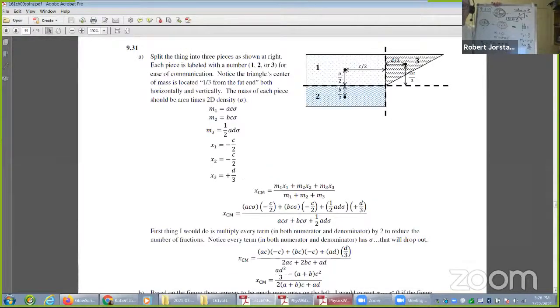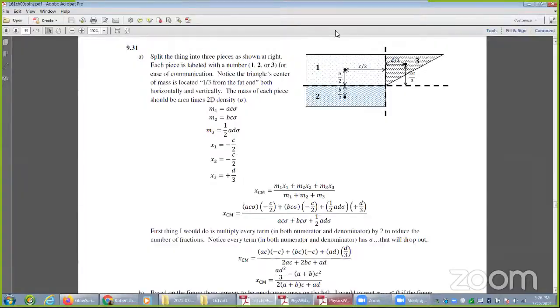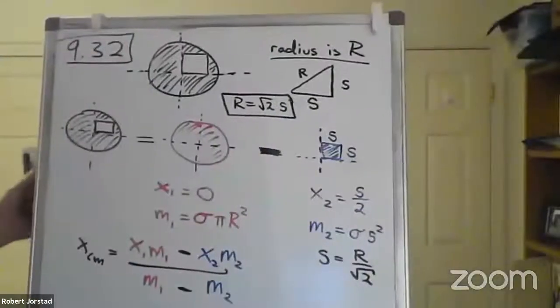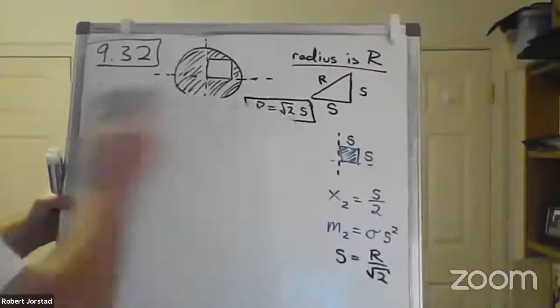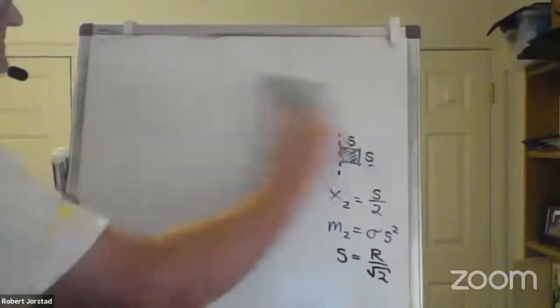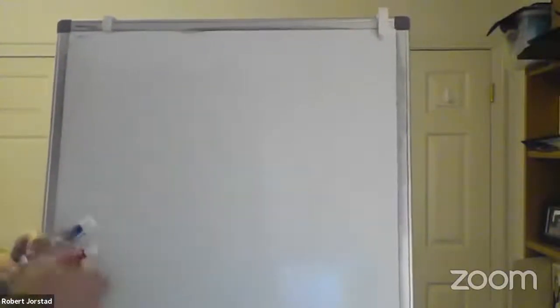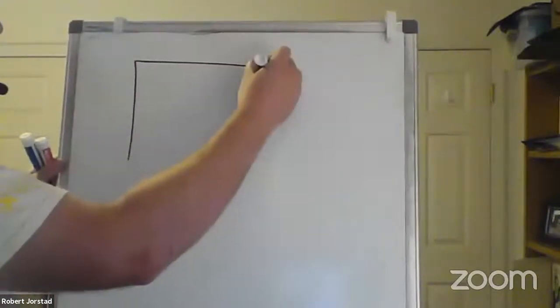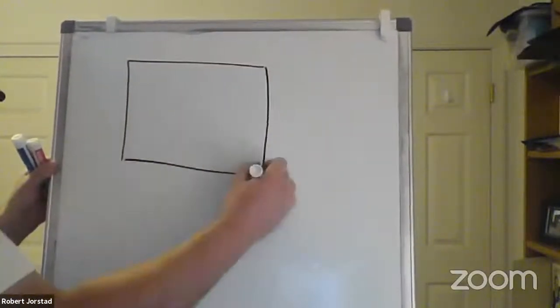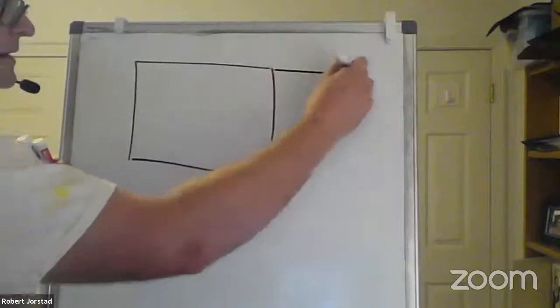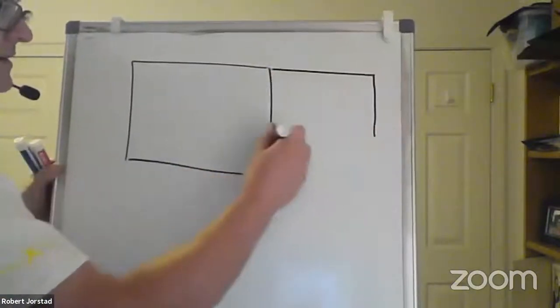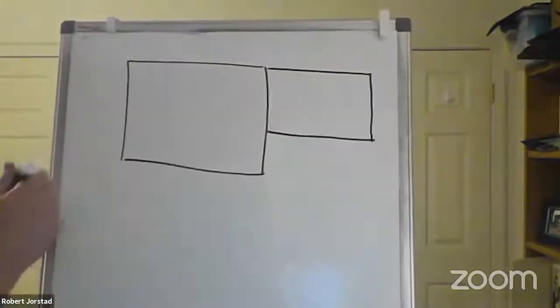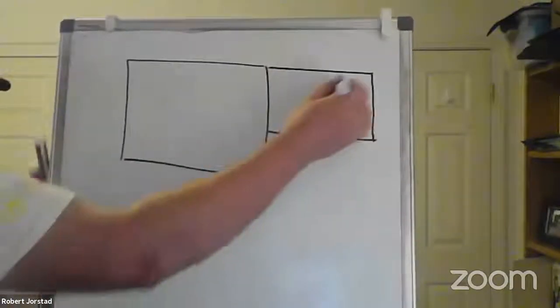Like this one? Yeah. So you could actually do this one another way. We could have done it like this, and then we could have subtracted off a triangle.